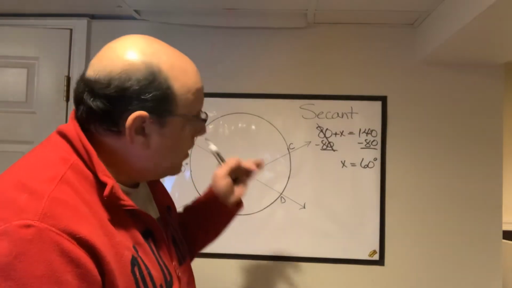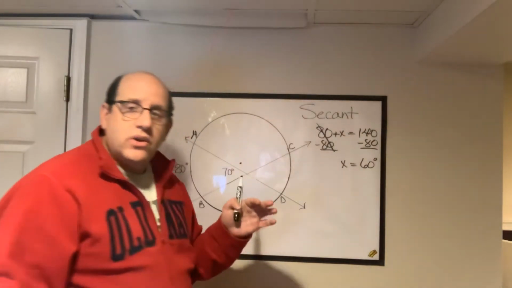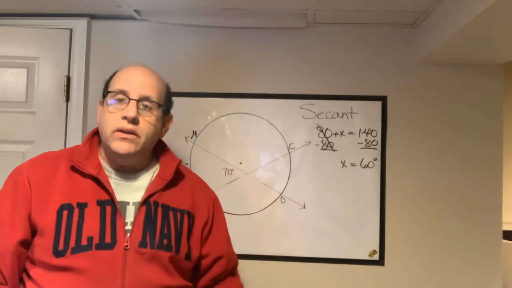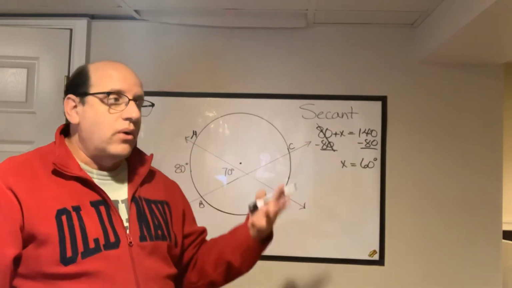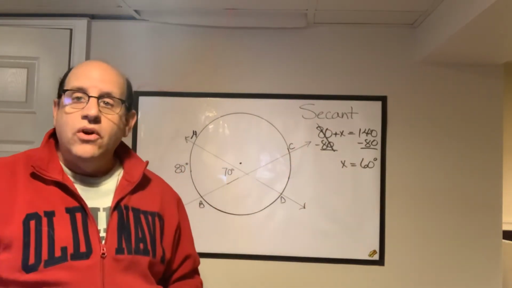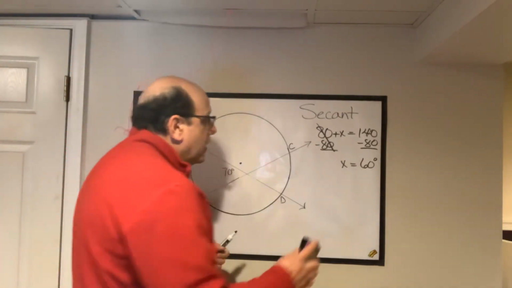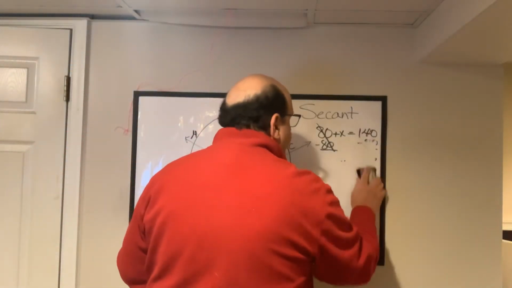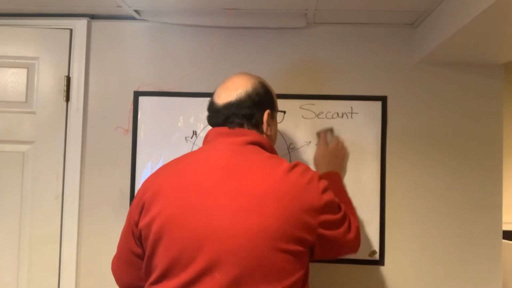In a much later video, I'm going to show you how to rewrite the equations so that you know how to go ahead and solve for one of the variables, one of the other variables.